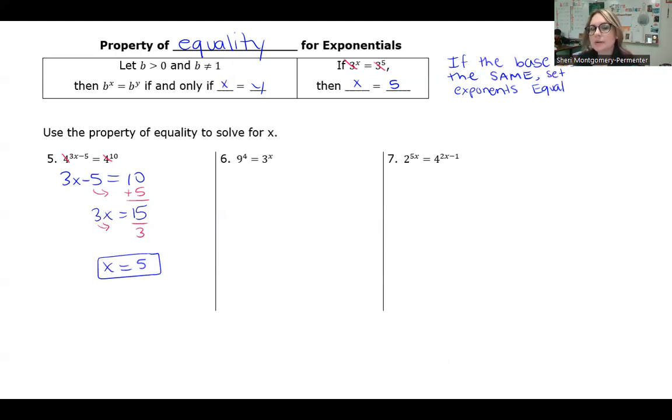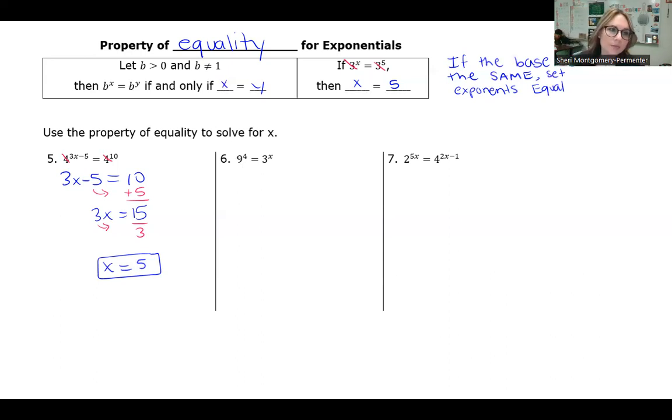So for the second one, are the bases equal? No, but we can do some math magic because I'm working with 9 and 3. How could I make the bases equal? I could rewrite 9. And if you have your exponent chart out, that can be helpful.